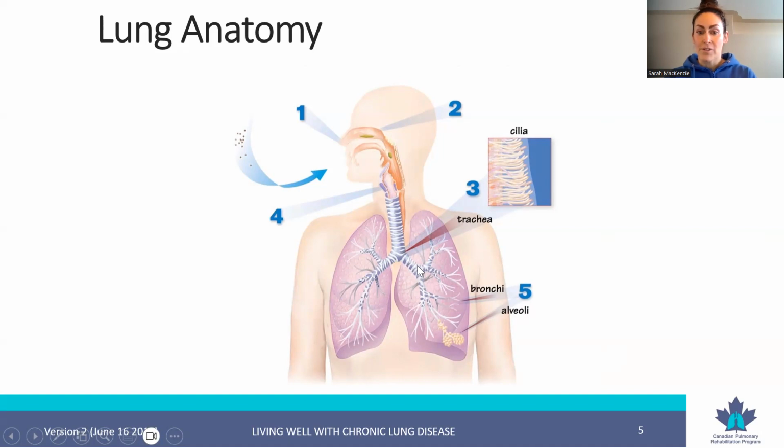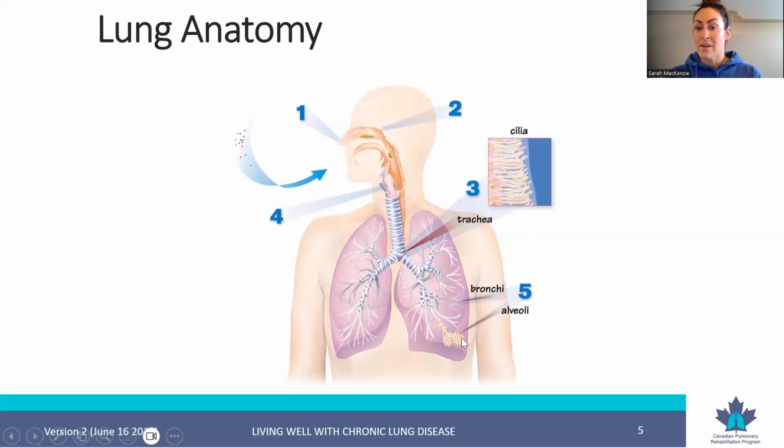And as we enter the left and right lung, as the air travels down, the airways get smaller and smaller and smaller, okay? So the bronchi here, these are the last airways that are supported with smooth muscle. These airways are really important as we move along in the education because there are certain medications that act specifically on that smooth muscle, okay?